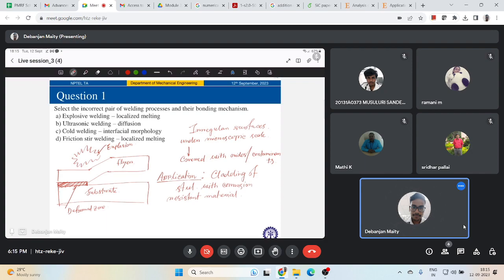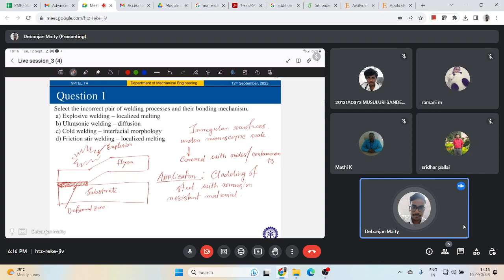And a jet is the product of that collision, and that jet formation allows two pure metal surfaces to join under extremely high pressure.